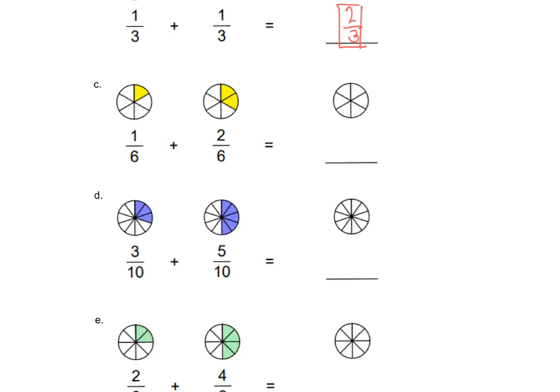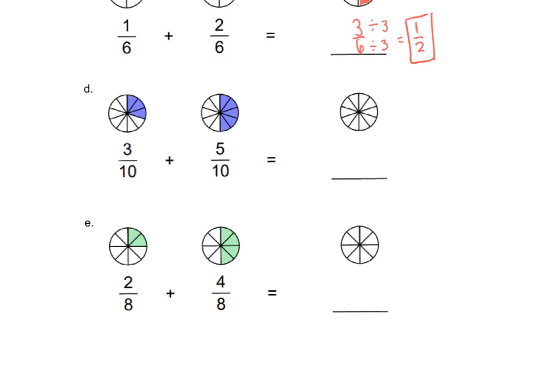1/6 and 2/6. I have to color 3/6. Again, looking at that visually, you can see that it's 3/6 or 1/2. I can divide out a 3, leaving me again with 1/2. 3/10 and 5/10 gives me 8/10.